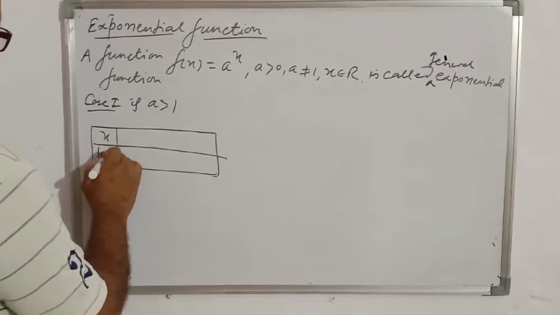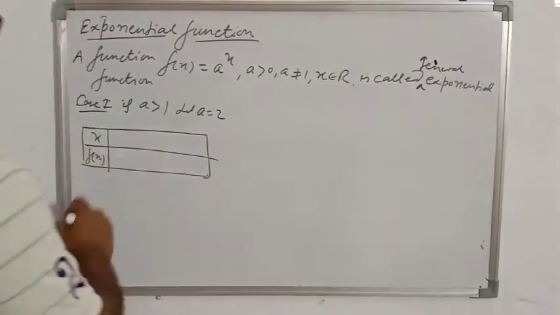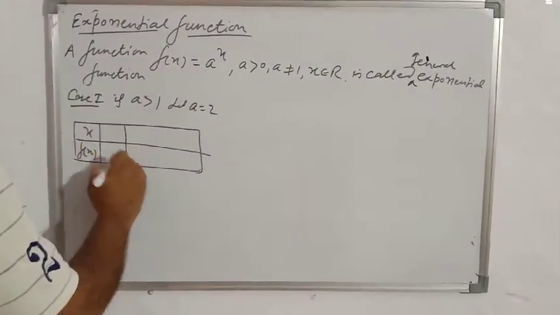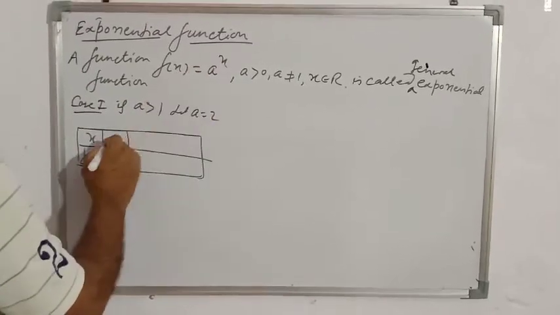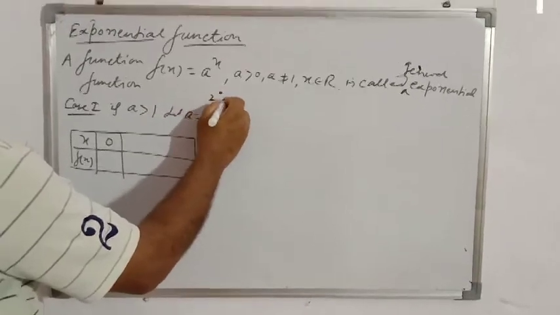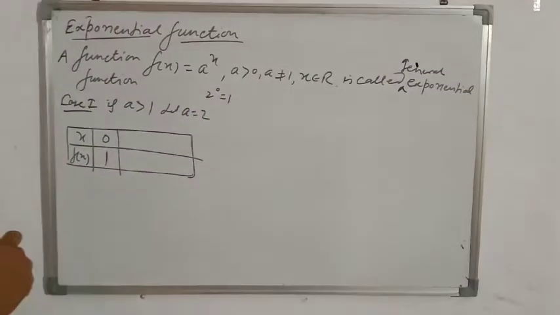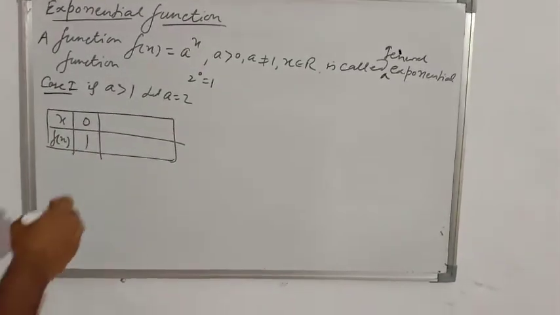Let a be equal to 2. So if we take a equal to 2 and x is 0, 2 to the power 0, its value will be 1.